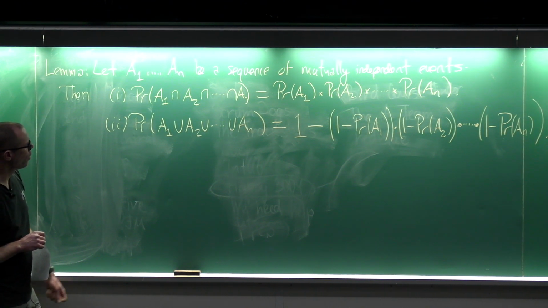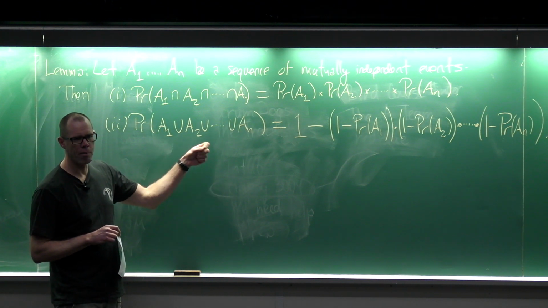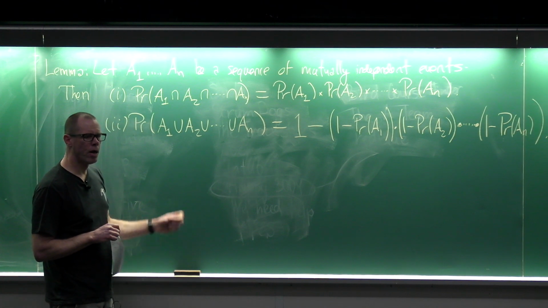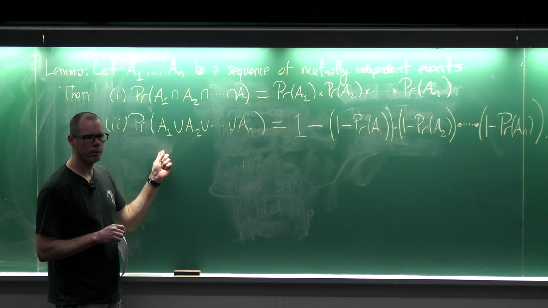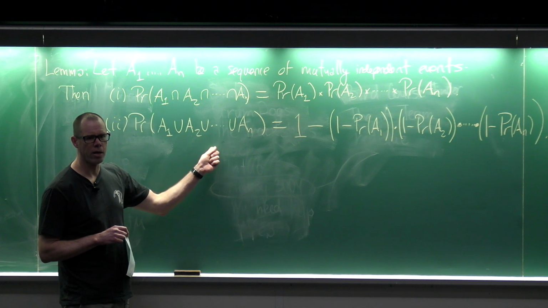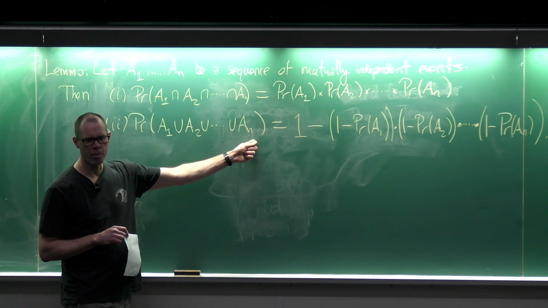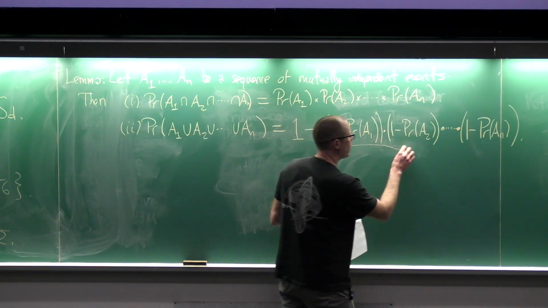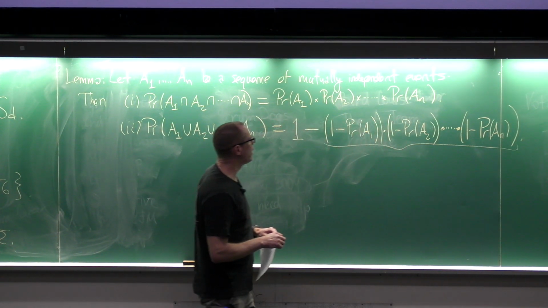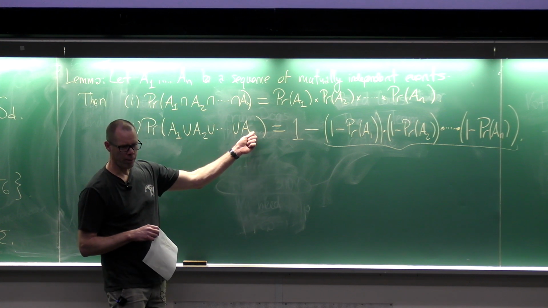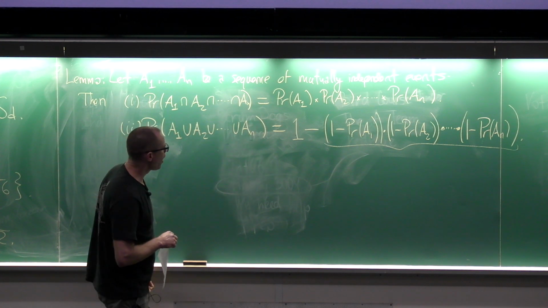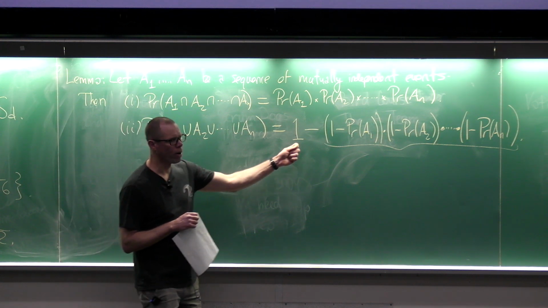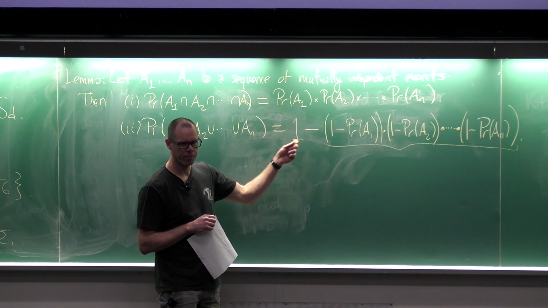That's true when A1 happens or A2 happens or A3 happens and so on. When is it false? It's false if A1 doesn't happen and A2 doesn't happen and A3 doesn't happen and so on all the way up to An. So this is the probability that none of these things happen, and the probability that at least one of them happens should be 1 minus that, right?